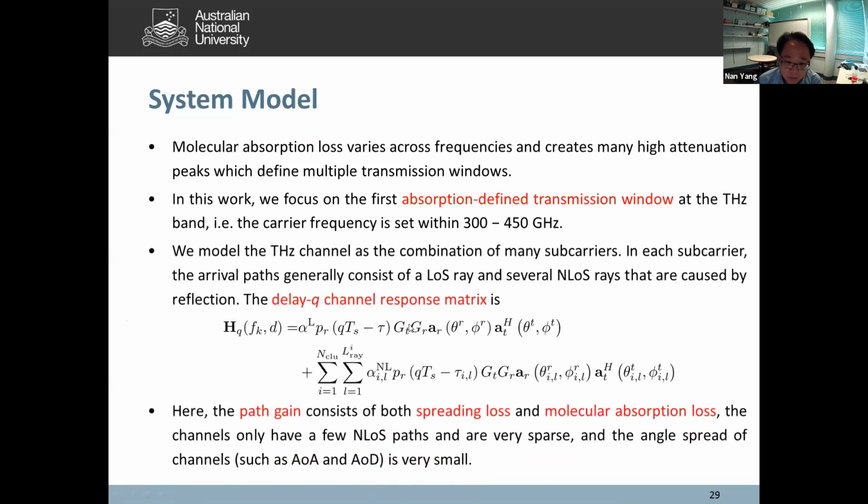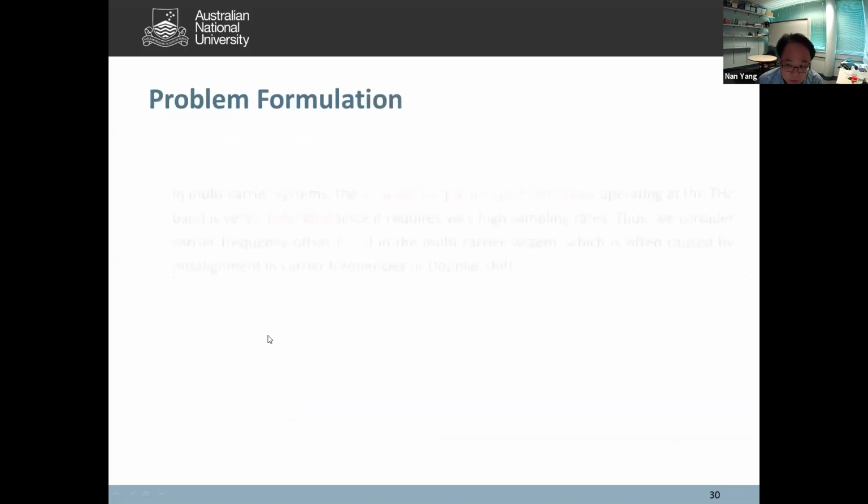Here is our channel model, where we consider a dominant line of sight and a limited number of non-line of sight rays. For Terahertz propagation, the path gain consists of both spreading loss and molecular absorption loss. Based on this model, we use this channel to formulate our problem.